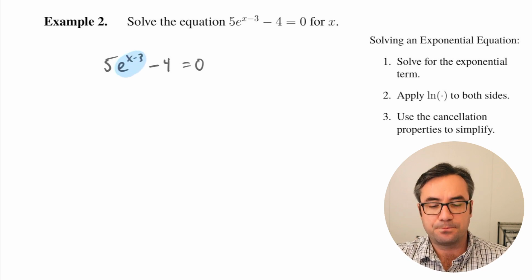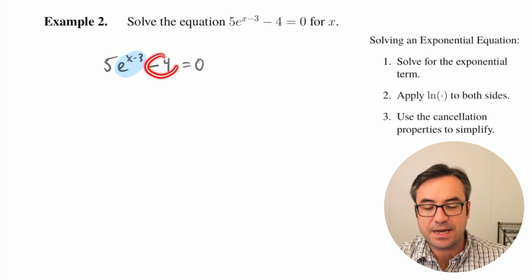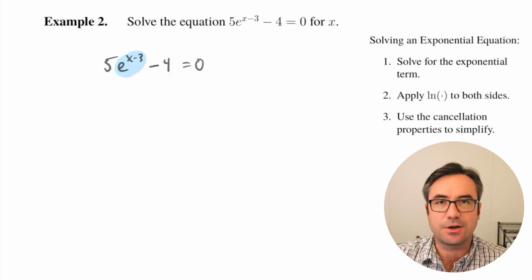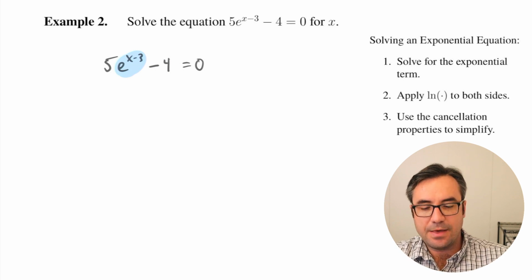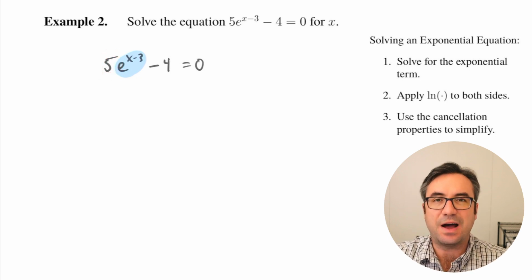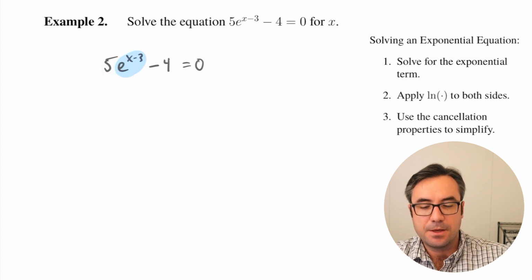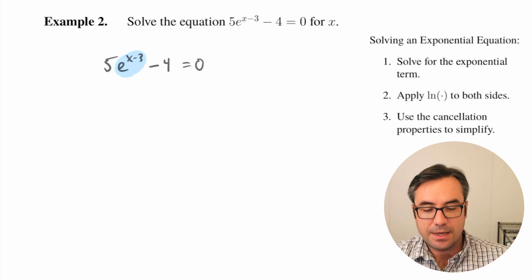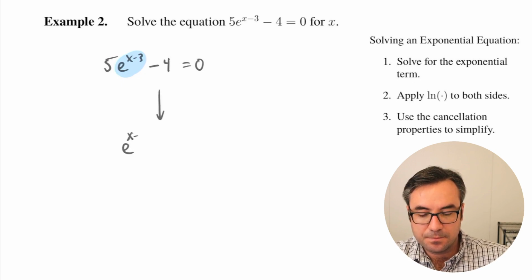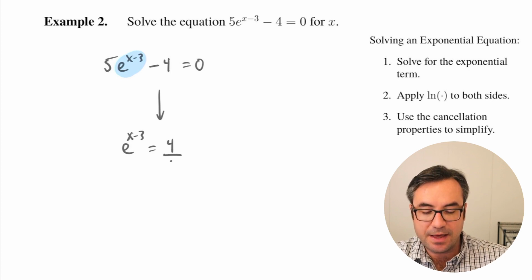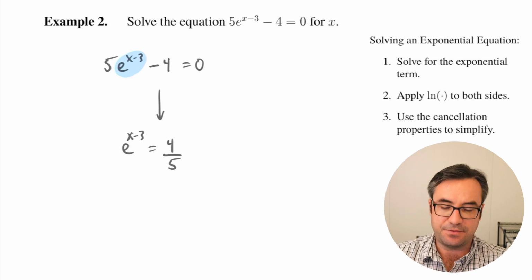So what can we do? Well, we want to move this constant term to the other side of the equation. So I'm going to start by adding 4. And then we'll also want to get rid of this 5. We want the 5 off of the exponential term. So what I can do is first add 4 to both sides and then divide both sides by 5.